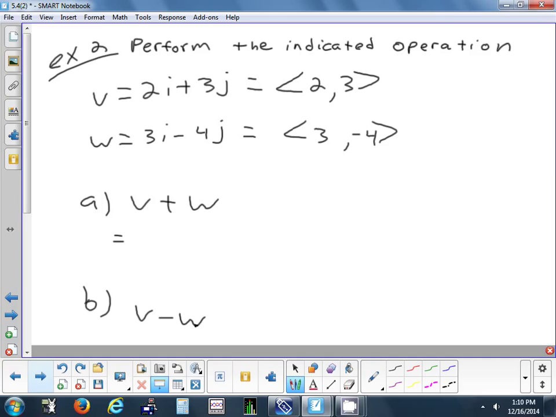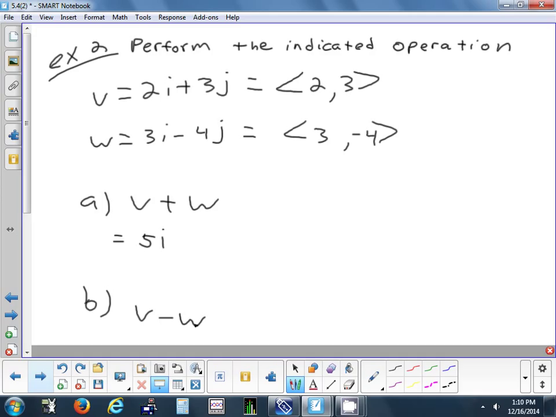Well, Evan, what do you think? What's the i component when you do v plus w? 5i. Yeah, it's going to be 5i.